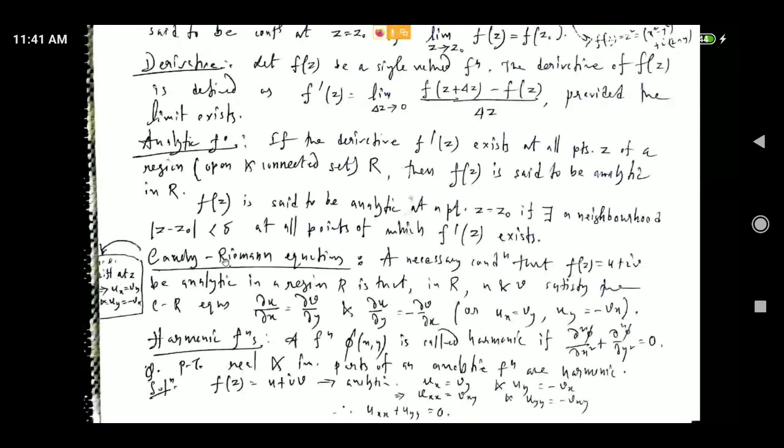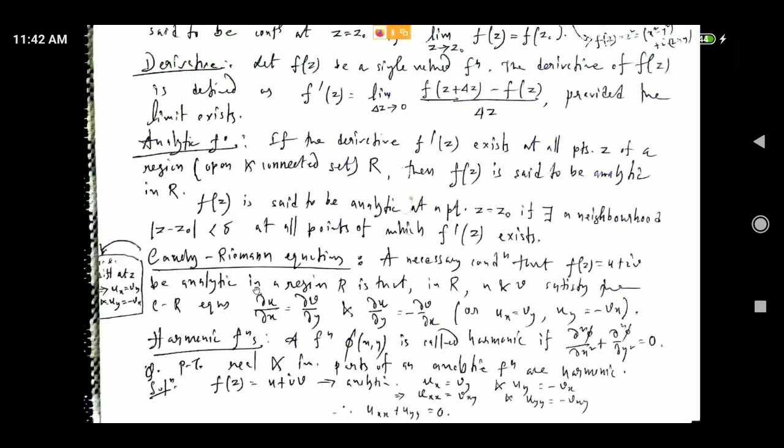One important set of equations for determining differentiability of complex functions is the Cauchy-Riemann equations. The result is that a necessary condition for f of z to be analytic in a region R is that u and v satisfy the Cauchy-Riemann equations.